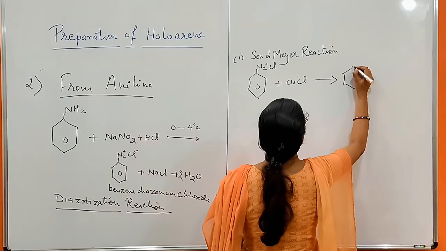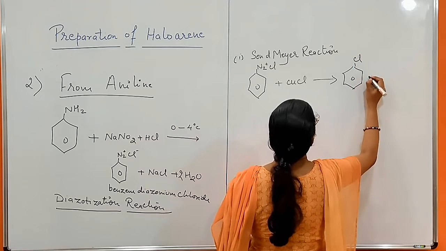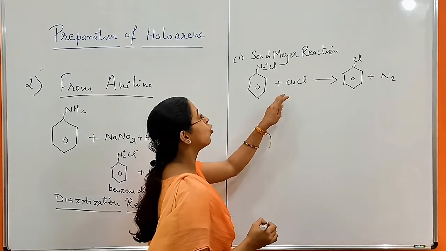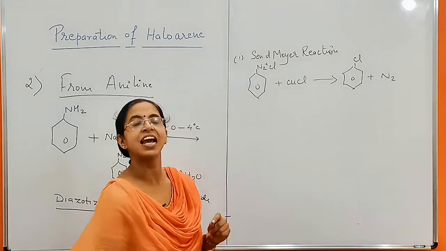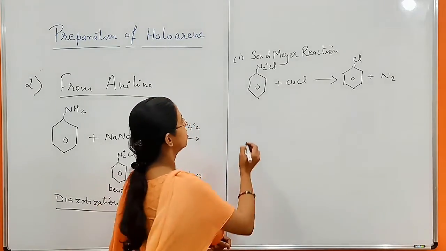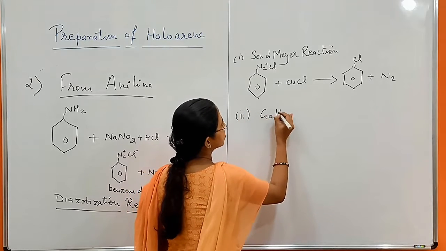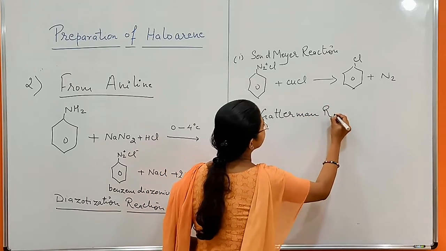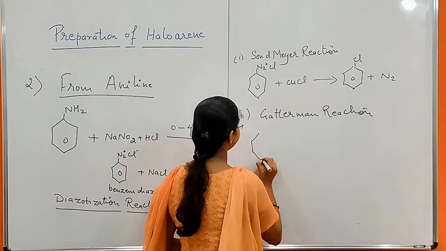So it is going to convert into chlorobenzene. Now when only copper is taken as a reactant, the reaction is known as Gattermann reaction. So second is Gattermann reaction.